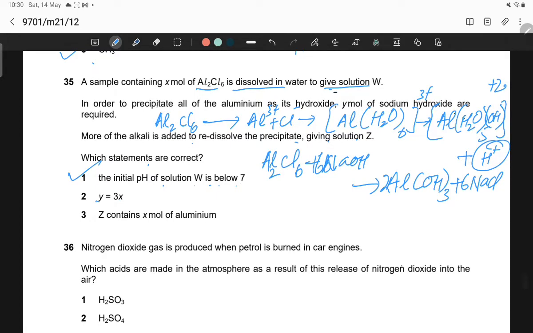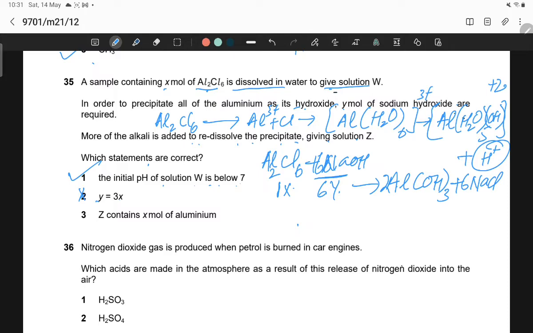What is Y? In order to precipitate all the aluminium as its hydroxide, Y mole of sodium hydroxide are required. So 6 moles of hydroxide, Y is equal to 6, Y moles of sodium hydroxide required. Y could be 6 and 3x, so x could be 1 mole. So this is also incorrect.